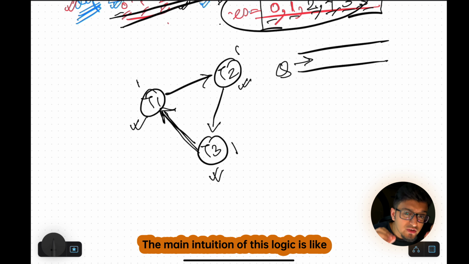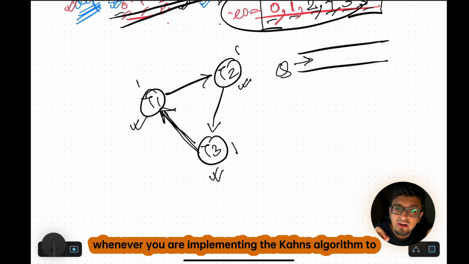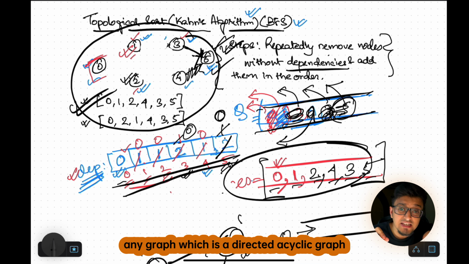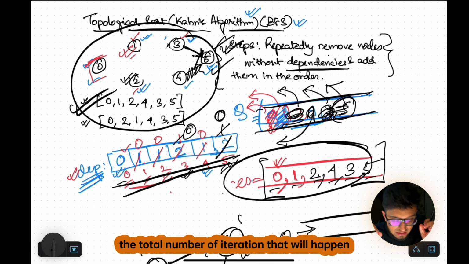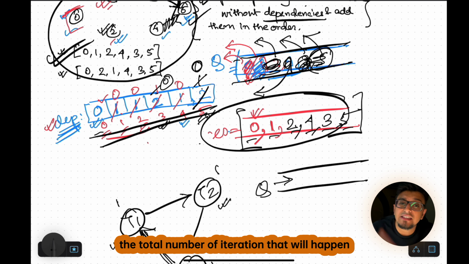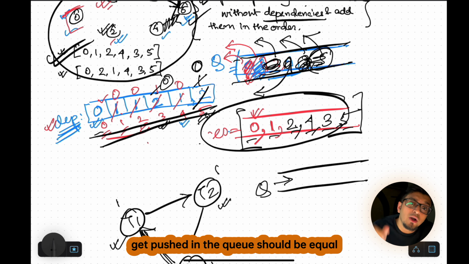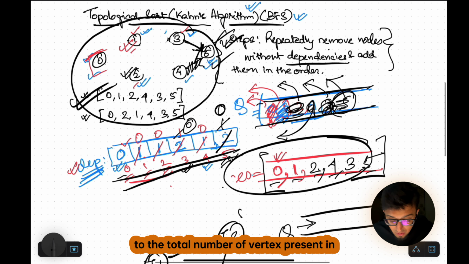The main intuition of this logic is that whenever you implement Kahn's algorithm on a directed acyclic graph, the total number of iterations that will happen, or the total number of nodes that get pushed in the queue, should be equal to the total number of vertices present in the graph.